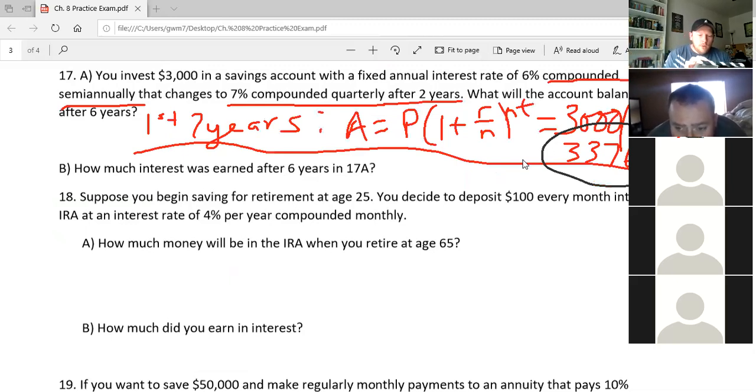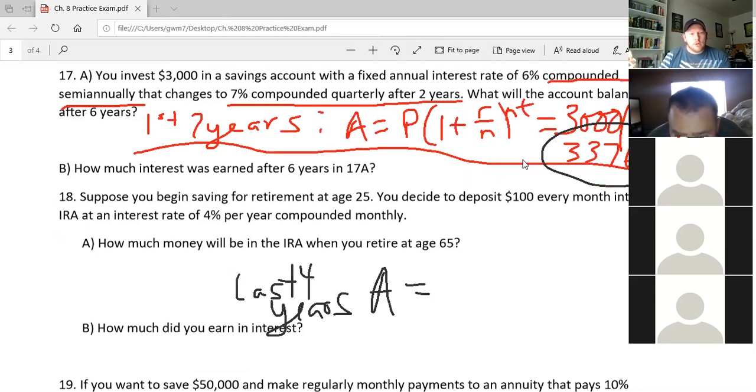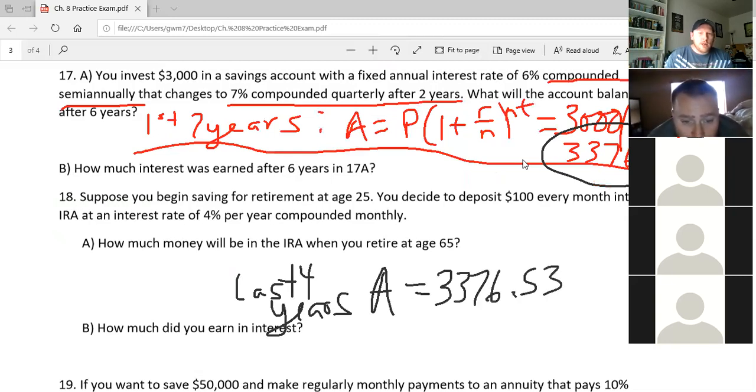So now, I'm going to write it out over here because I've run out of space. When I plug in for the last 4 years, because we're doing what will the balance be in 6 years, I have a new principal of 3,376.53.